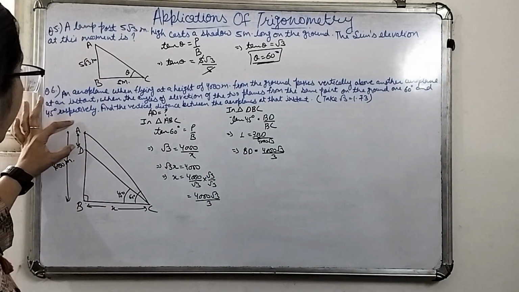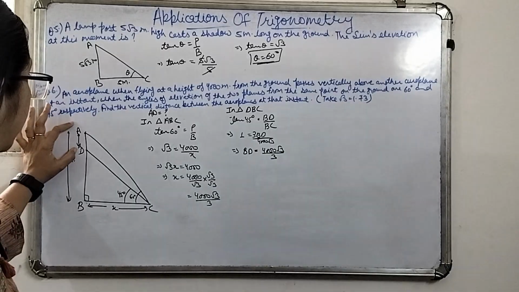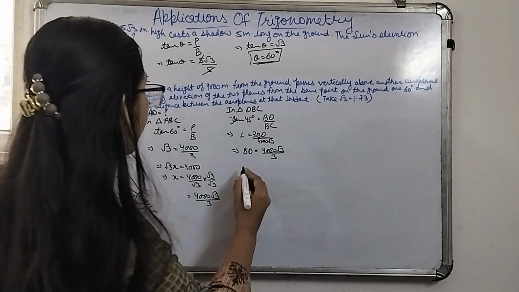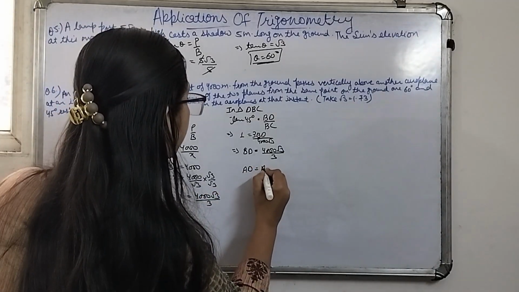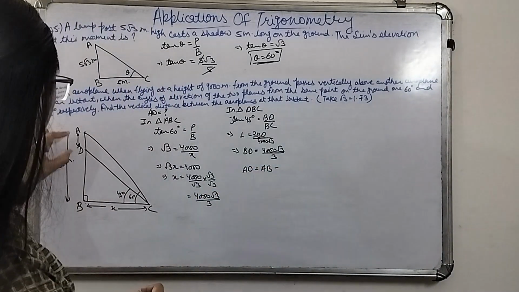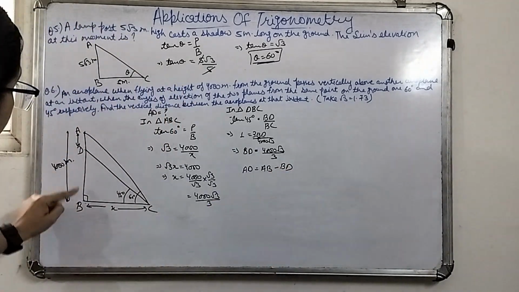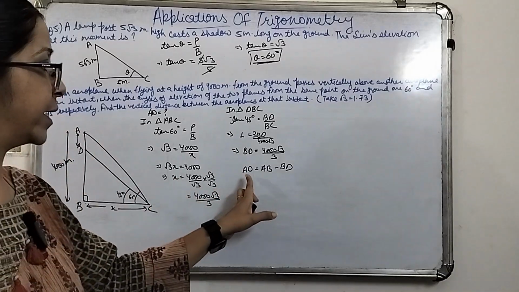Now we have to find the value of AD. So AD will be AB minus BD. From the whole AB, if we subtract this BD, we will get the value of AD.